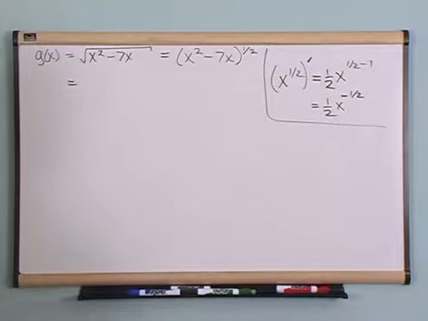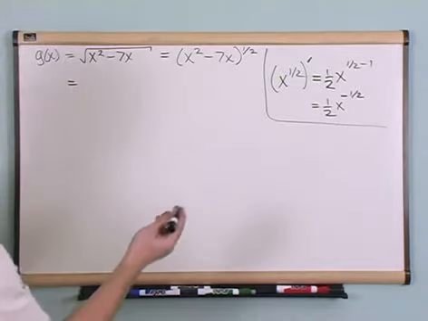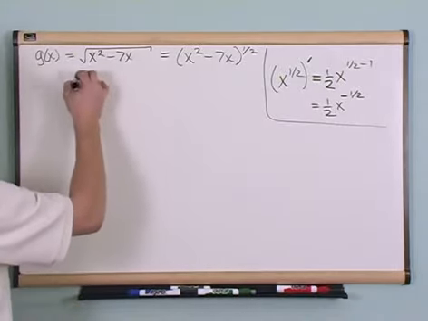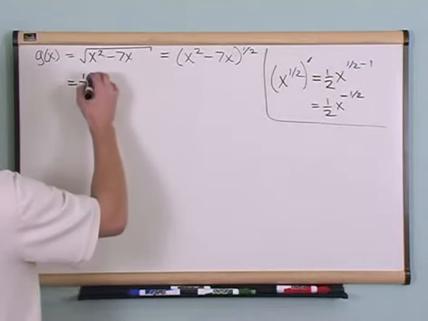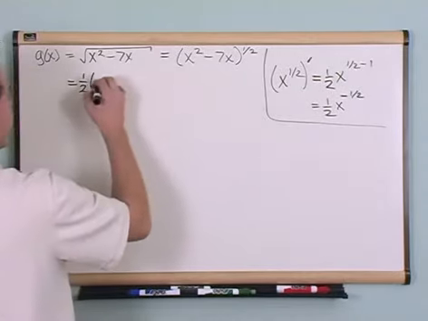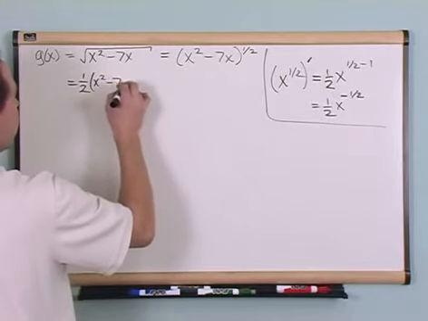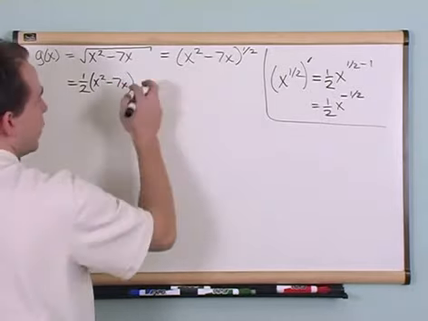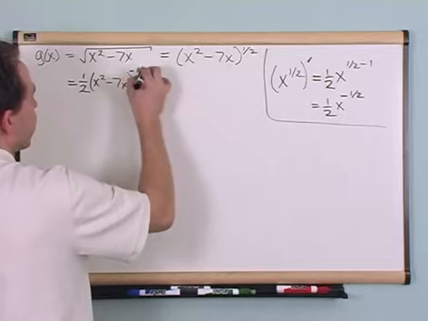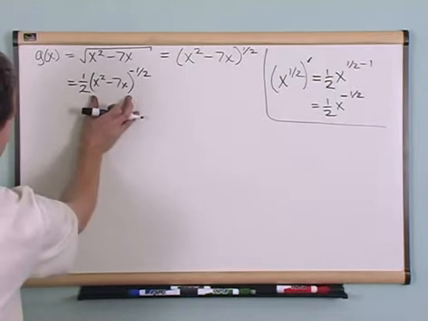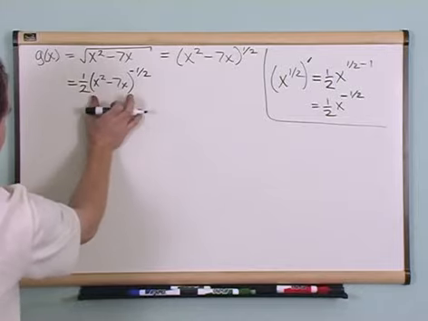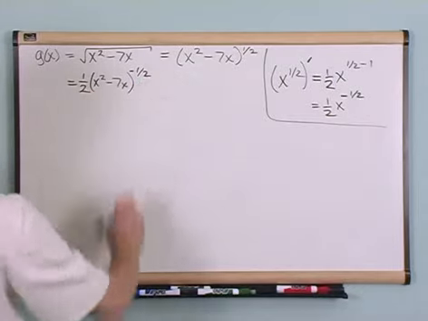Okay, but it's not. You've got something more complicated inside. So it's very simple. You put your 1/2 down just like you did before, and then you put exactly what's on the inside, x squared minus 7x, and in the exponent you put negative 1/2. You do exactly what you would do if this were just simply x, okay? 1/2 x, term here, to the minus 1/2.